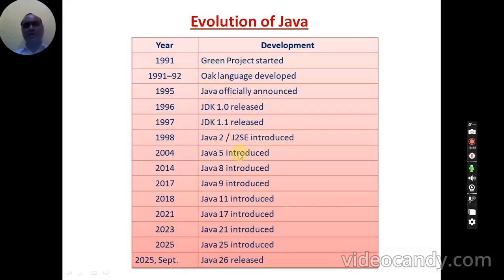Like that you have Java 5, Java 8, Java 9, and in 2025, very recently, Java 25 was released, and in September 2025 the Java 26 version was released. But Java 26 doesn't have technical support, while Java 25 does. So if you want to work with Java, you can use any one of these versions. You can download the Java software from the Oracle website, www.oracle.com.